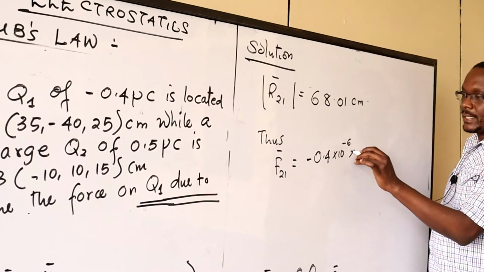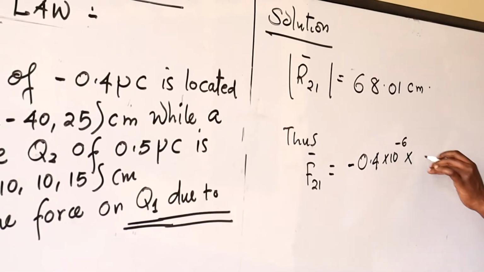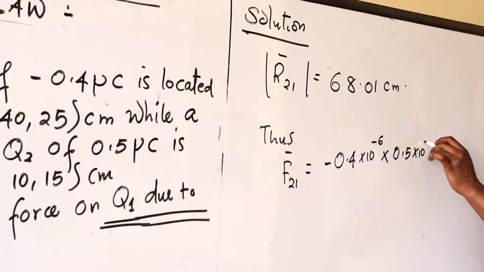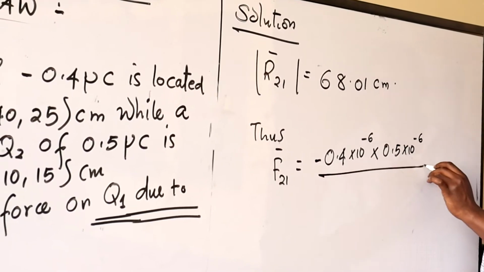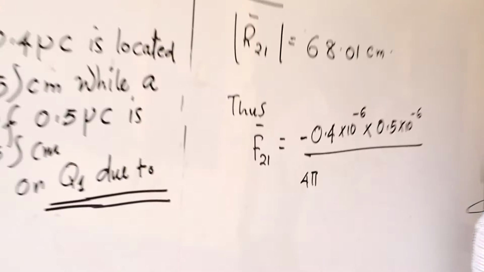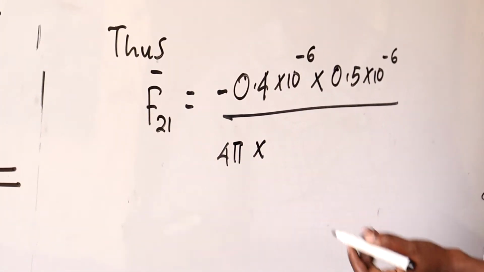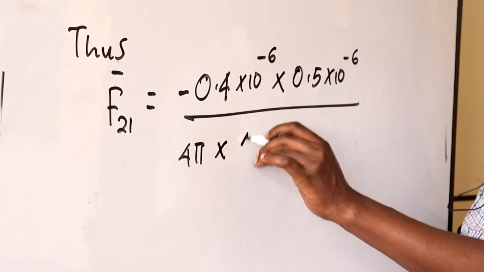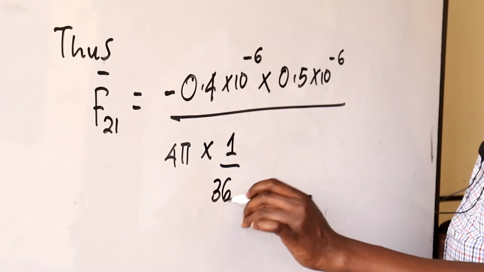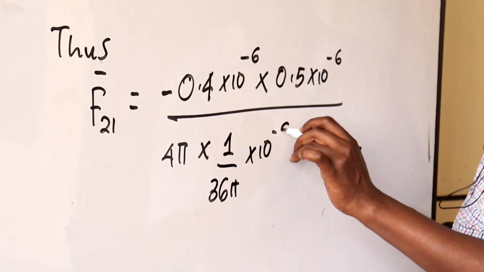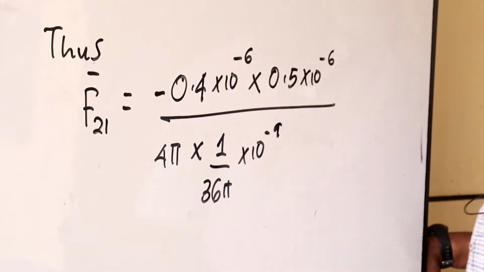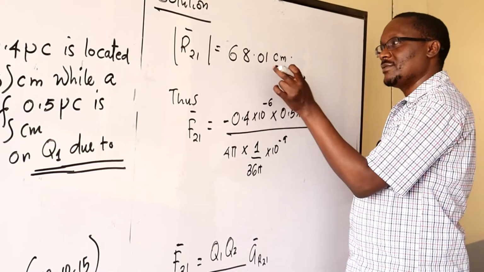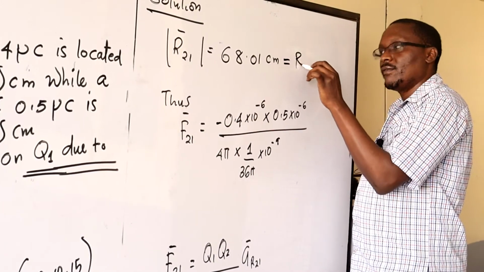Then we multiply that by Q2, which is 0.5 times 10 to power negative 6, all over 4 pi epsilon. Remember, we said epsilon was 8.854 times 10 to power negative 12, or we can use 1 over 36 pi times 10 to power negative 9 as our epsilon. Then we have R, and remember our R is the same as this magnitude.